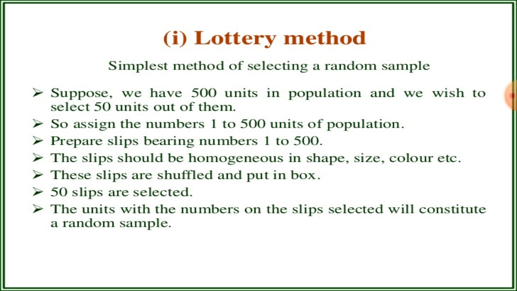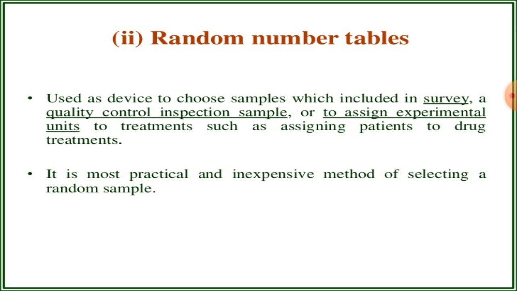The slips should be homogeneous in shape, size, color, etc. These slips are shuffled and put in a box. Then 50 slips are selected, and the units with the numbers on the selected slips will constitute a random sample. This is the lottery method.